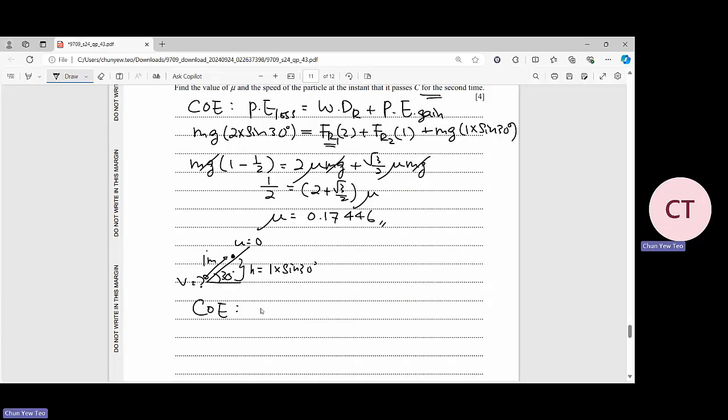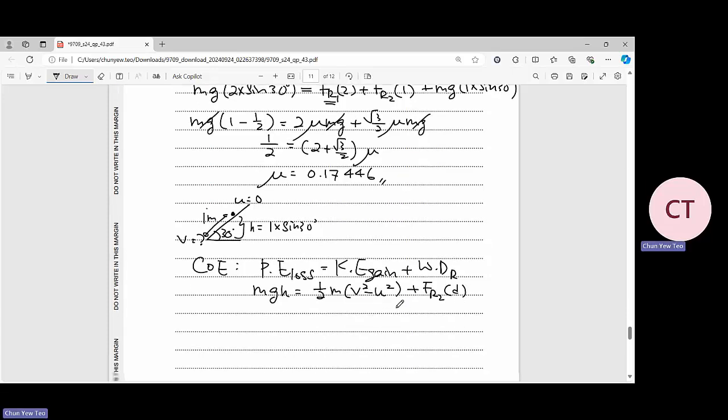We have the KE gain equal to the PE loss minus the work done by the resistance. The KE is half m v squared minus the initial. The work done of the friction is FR2 multiplied by the distance traveled. Distance traveled is 1 meter.